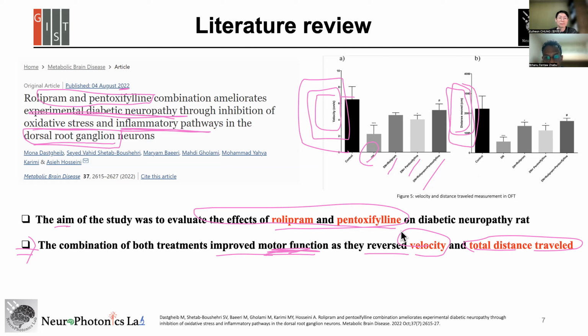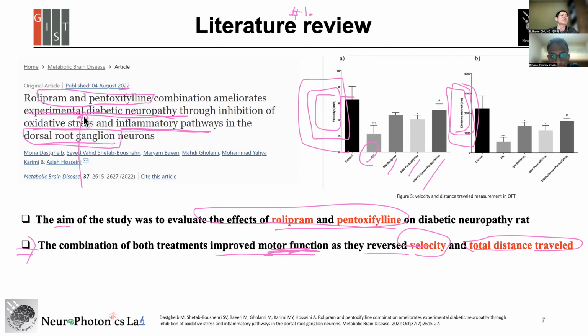So my suggestion is literature review. I mean, it's not a review, it's relevant literature 1. And you want to point out experimental diabetic neuropathy. And how did they make this experimental neuropathy model?